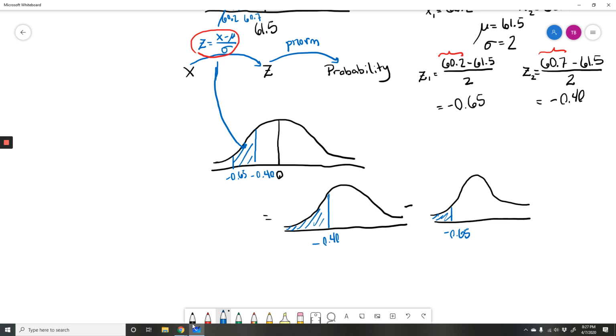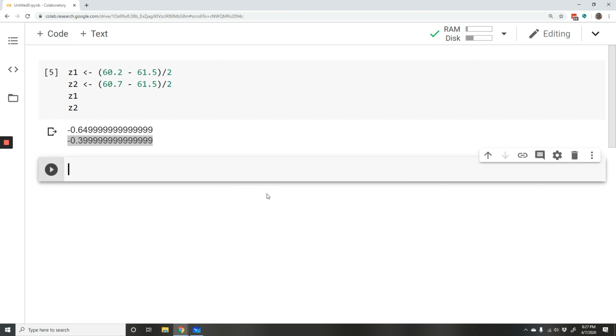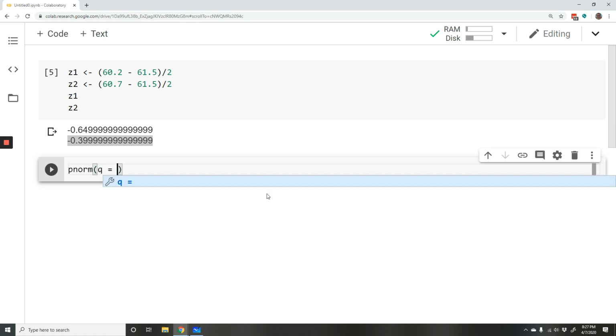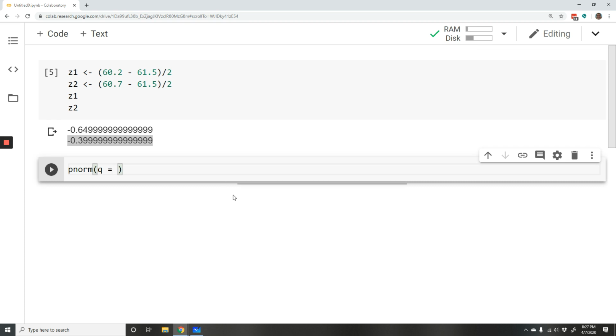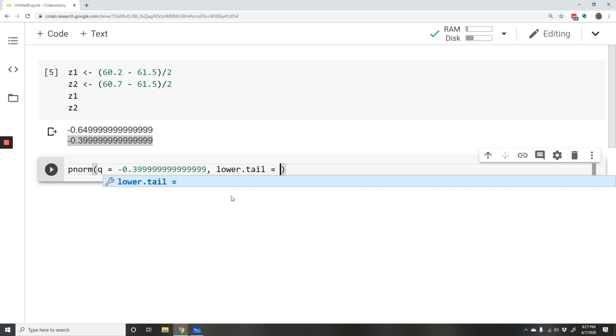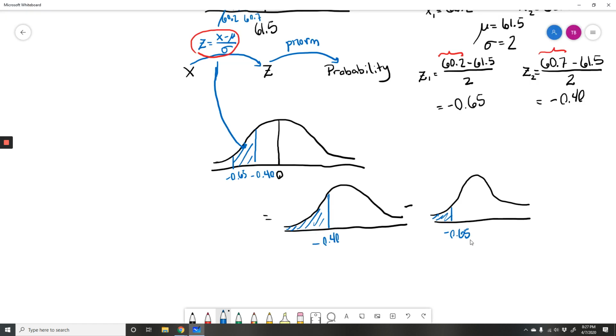All right, so let's take it to the notebook. So we have negative 0.40, and I'll just copy and paste. Again, easiest way to make sure we don't have a rounding error, just take the whole thing. If you do round it, just go for at least 3 or 4 decimal places, and you should be fine. And we're going to set lower tail equals true, because that is negative 0.40. We want everything to the left of it, lower than it, so we want the lower tail.